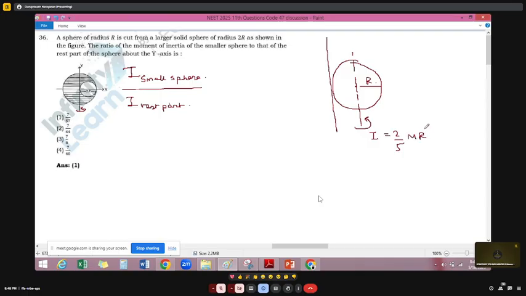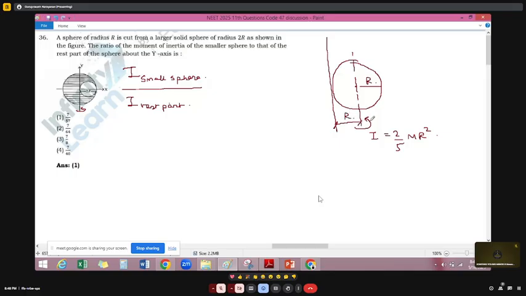You should not have any doubt in this. But now we want the moment of inertia about this y-axis. So that means it's not exactly falling at this center point, it's falling here, which means I have to use the parallel axis theorem.